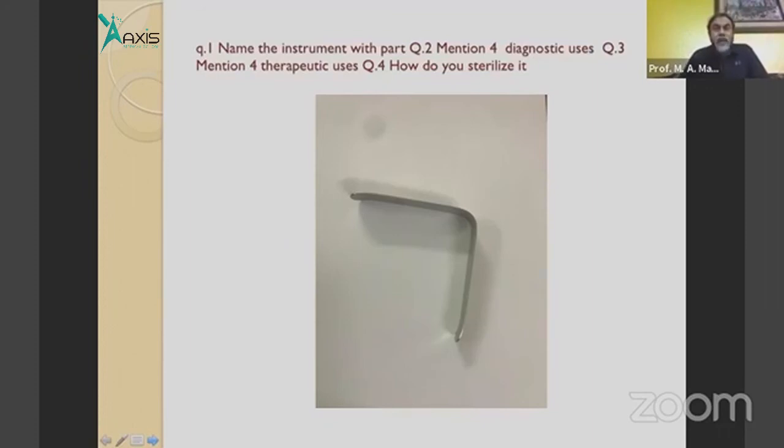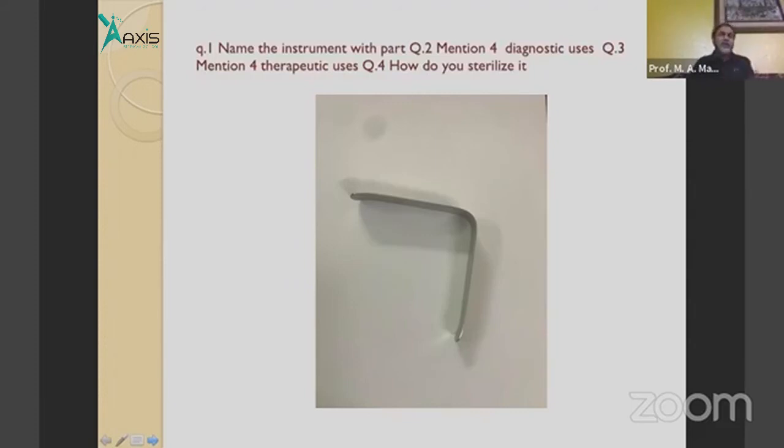Now, mention diagnostic use and mention therapeutic use. Diagnostic use, again, to see any lesion in the oral cavity or oropharynx, like to examine the oral cavity, oropharynx, to see any lesion in the floor of the mouth, like your ranula, to see any ulcer in the tongue, to see any lesion in the cheek, to see anything in the oropharynx, like to diagnose acute tonsillitis, to diagnose peritonsillar abscess, to diagnose chronic pharyngitis, to diagnose any lesion, any fishbone, or any foreign body in the throat.